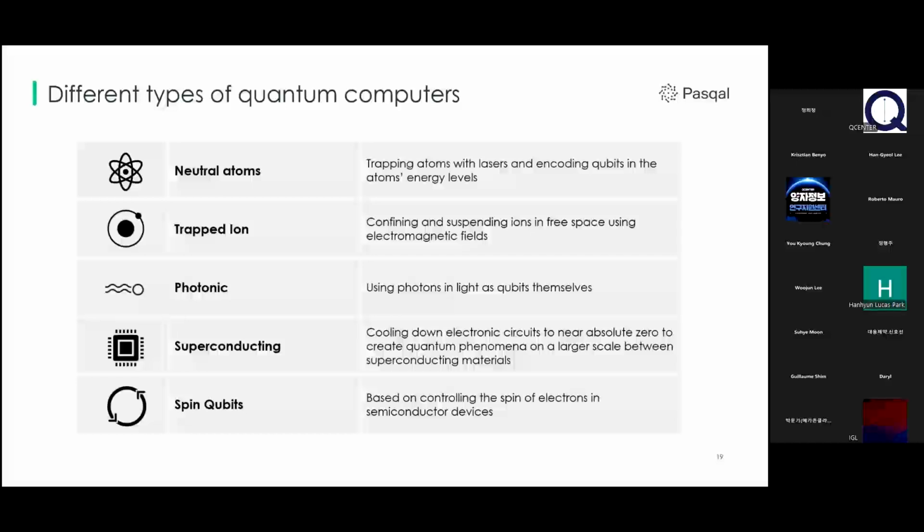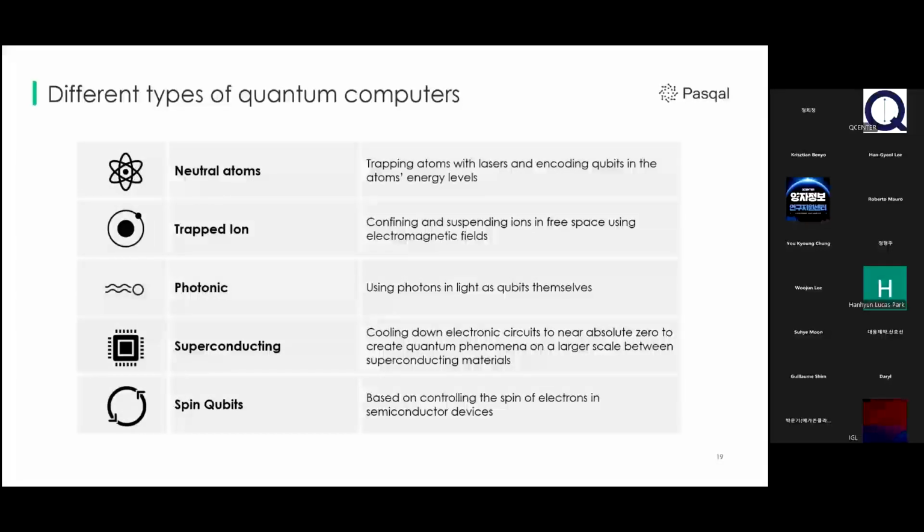So the first of these considerations is the nature of the quantum bit. So we know from a theoretical point of view how quantum information looks like, but how you implement it in the real world, you have many different options.